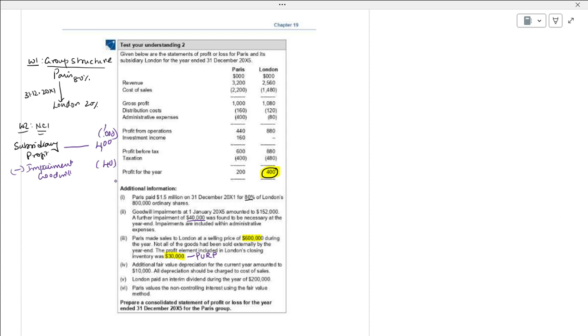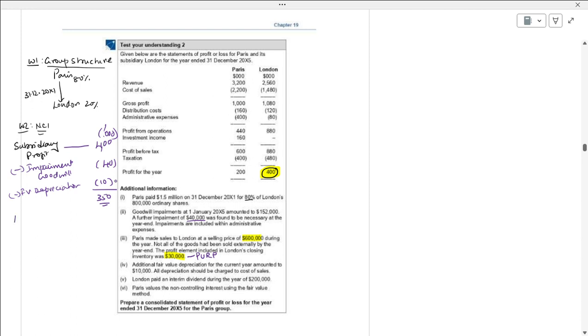Depreciation. How much is the depreciation? Fair value depreciation is 10,000. How much does it come to? It comes to 350.